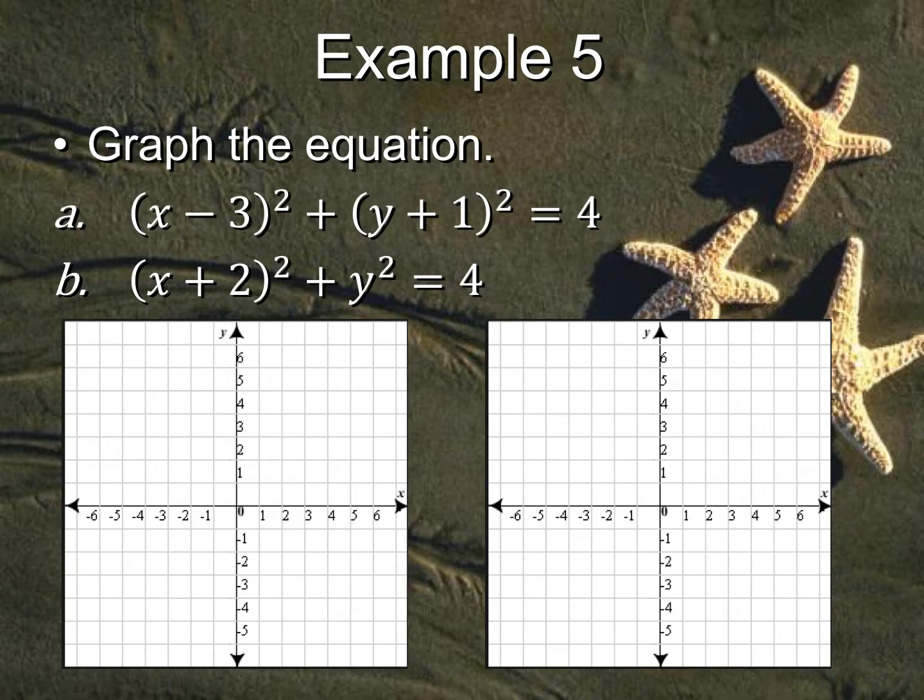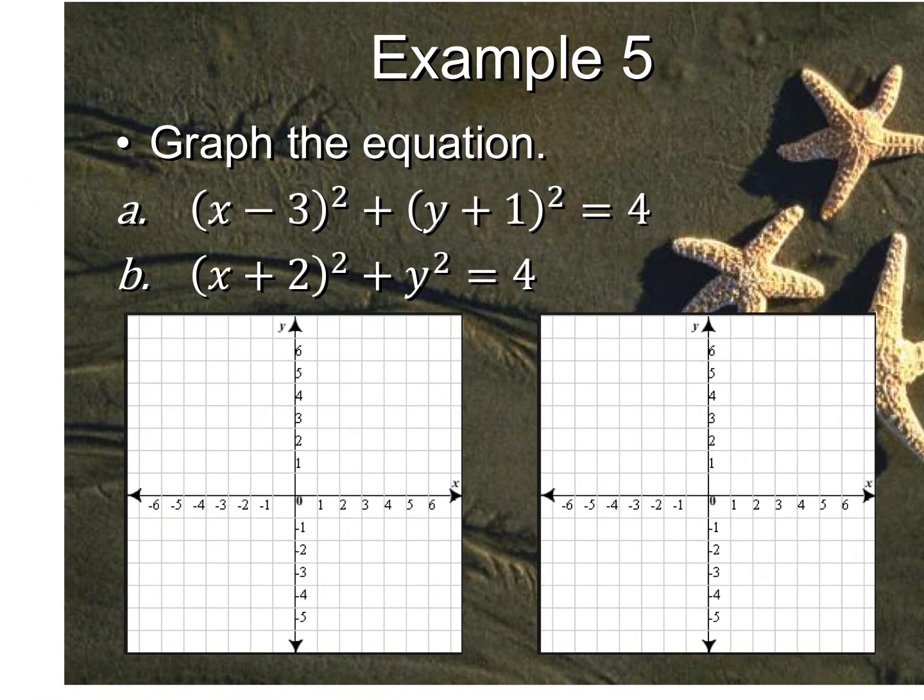Okay, so now they want us to graph the equation. Now, let's go ahead and we're going to pull out our center and get our radius from the equation. So again, remember in your equation, this is h, this is k. When you pull it out, it's backwards of what you think. So right now, looking at it, it looks like h is -3.